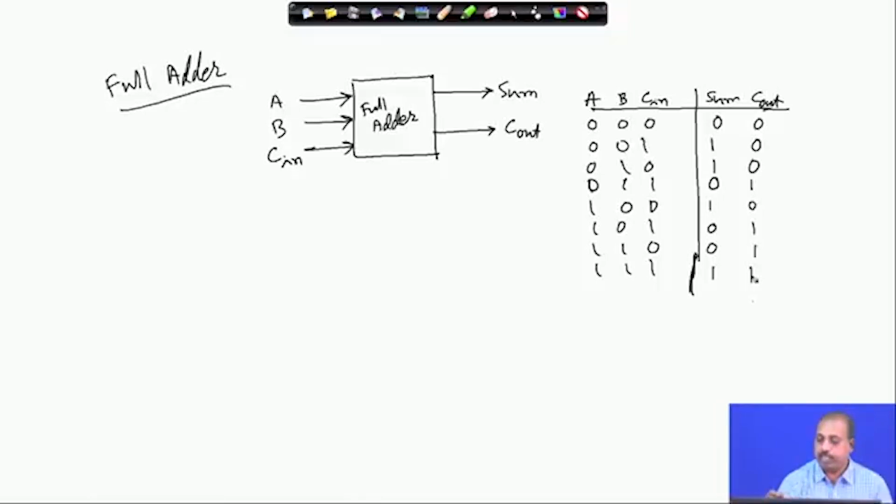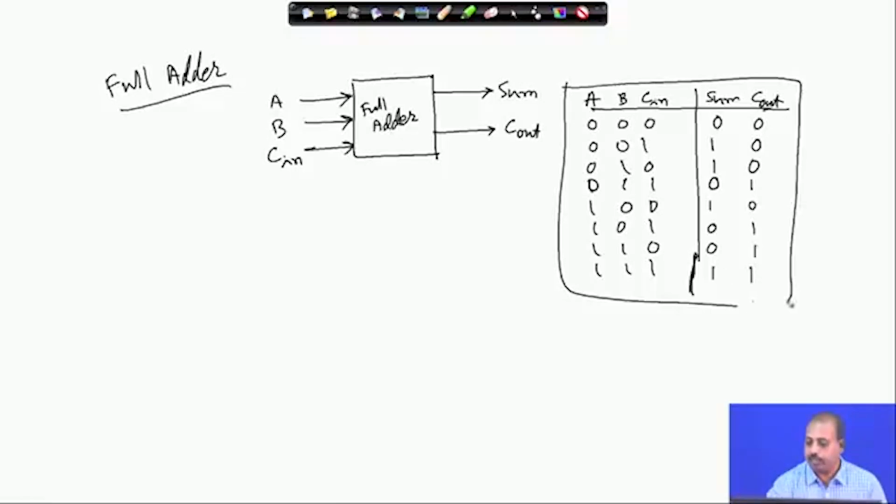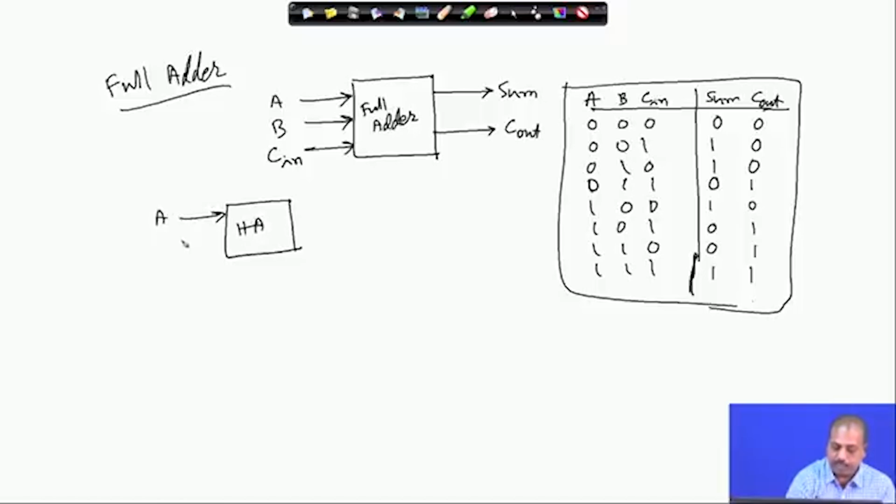So, you can design this function and get the corresponding internal circuit. The other way of doing the same operation is by using half adders. We have one half adder that adds the numbers A and B, and it produces the carry and the sum outputs.